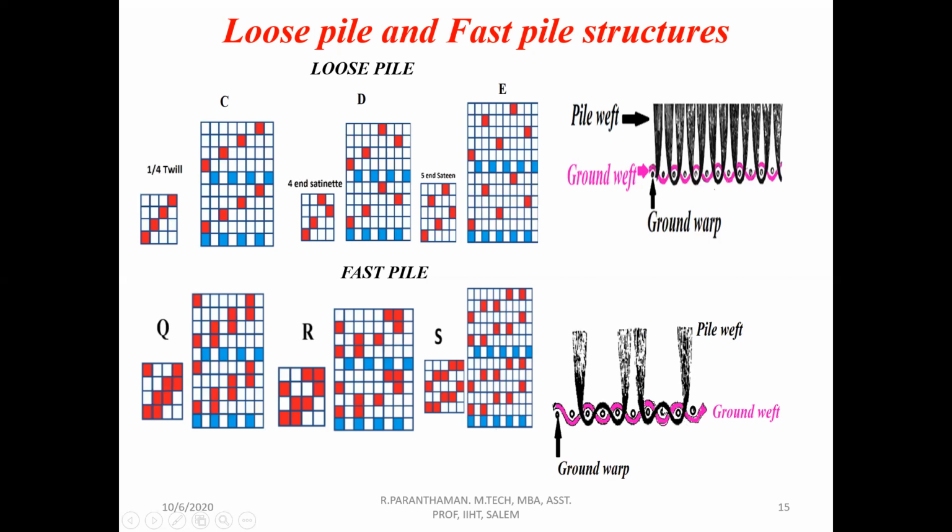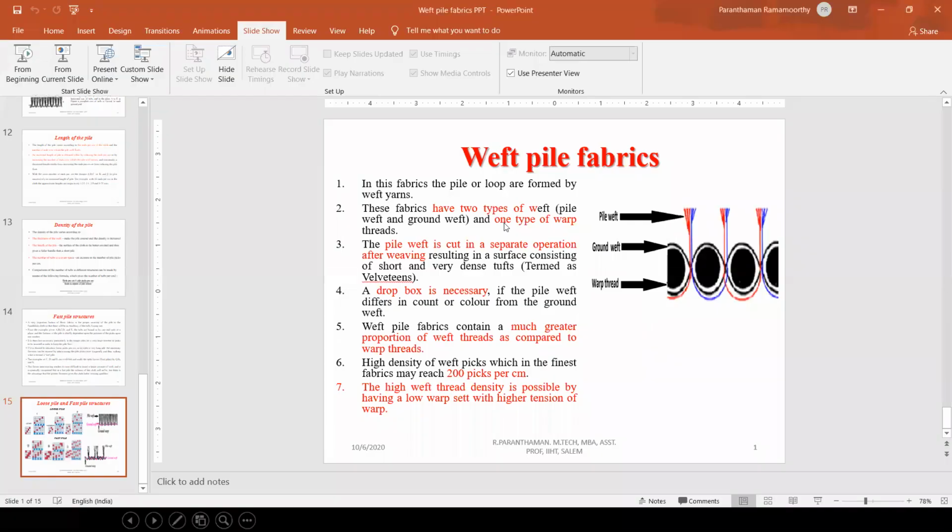One more interlacement with the ground warp will increase the anchorage and secure the pile threads. So this pile will not easily fray out from the fabric compared with loose pile fabrics. That is the fast pile structure. Okay.